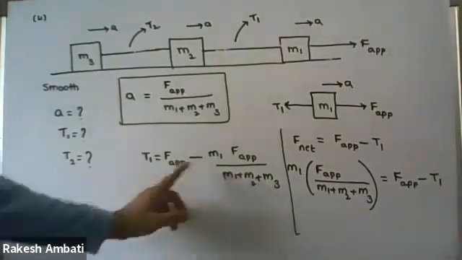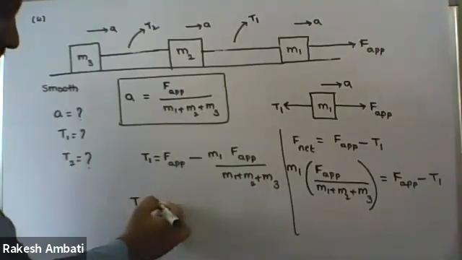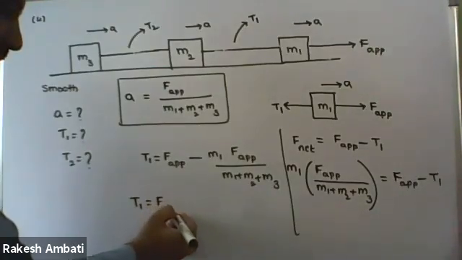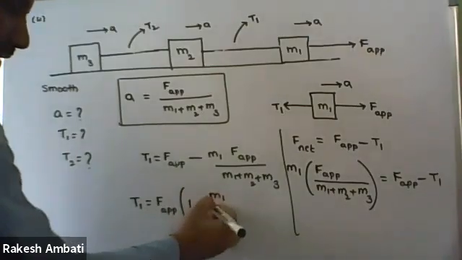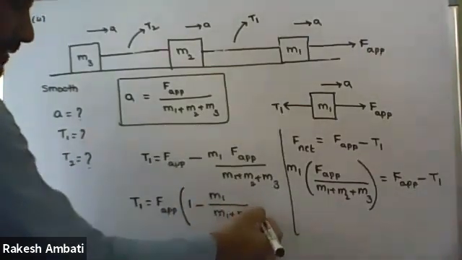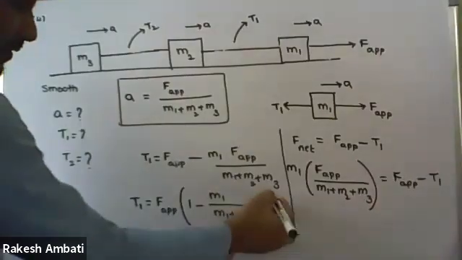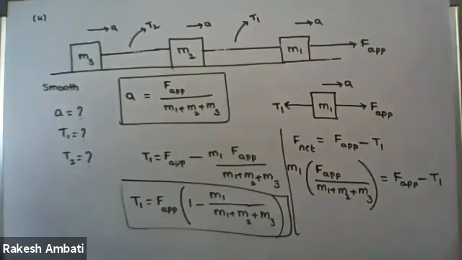What is common here? F applied. So T1 equals F applied common, and in brackets we have 1 minus M1 upon M1 plus M2 plus M3, and we can simplify it. Now you got the procedure to find the T1 tension force? Yes, sir.